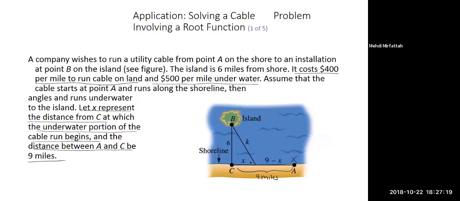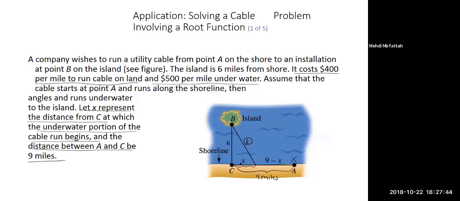As you can see, if I run my cable from point A on the ground from here to here, and then run it under the water from here to here, I'm just going to call this K. If this whole thing is 9, and let's say this distance is X, then this distance would be 9 minus X. So the restriction should be pretty obvious here.